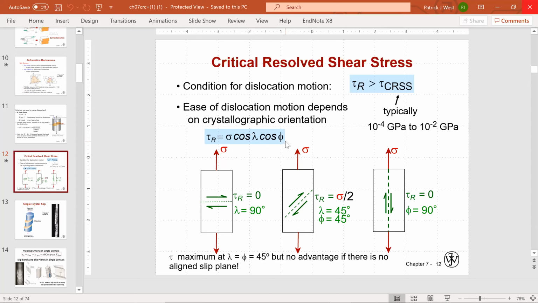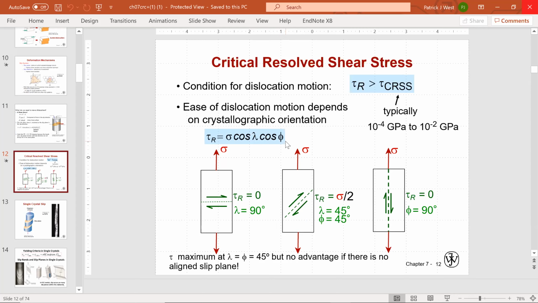So what it's basically saying is that you have to optimize these two angles between which you apply the stress. One angle is between the direction of the stress and the slip direction, and the other is between the stress and the plane that we're trying to move atoms along.